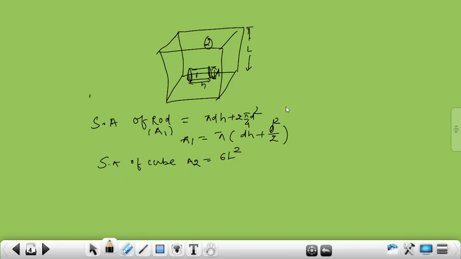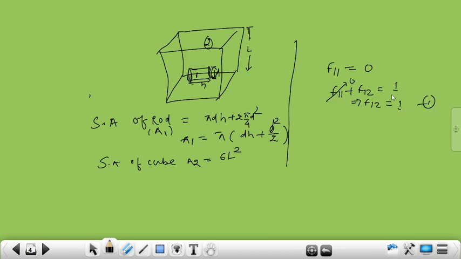We know for the cylinder F11 is equal to 0. So F11 plus F12 is equal to 1. So F11 is equal to 0, that implies F12 is equal to 1.